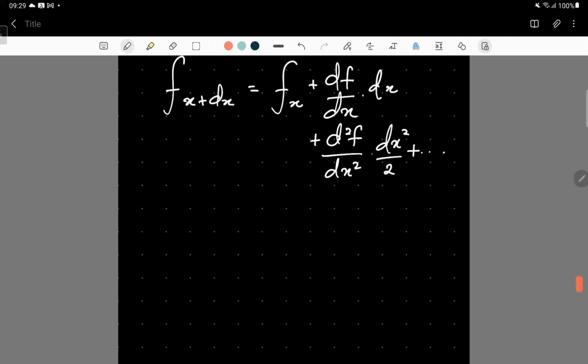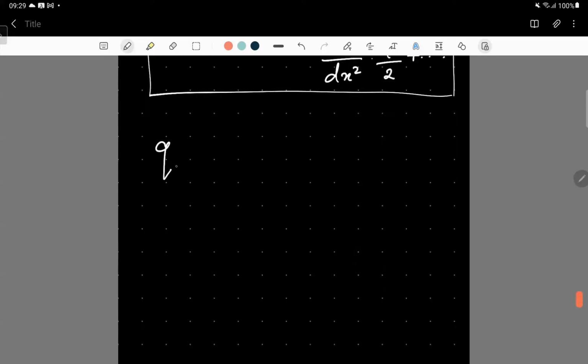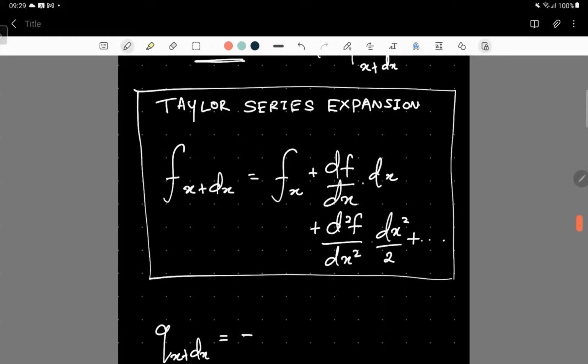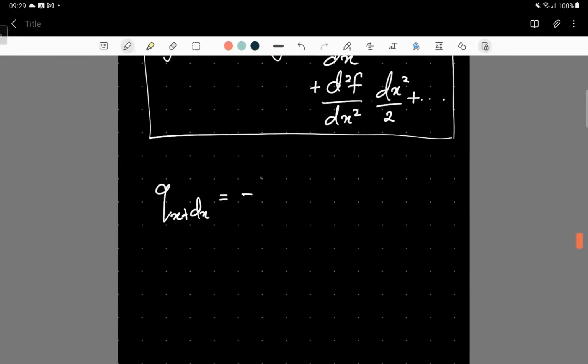Following this Taylor series expansion, let's write down an equation for qx plus dx, which is nothing but, let's take the minus sign out, minus kxx dT by dx.